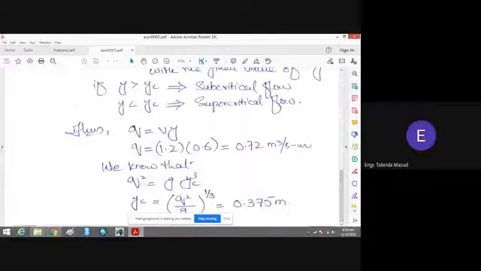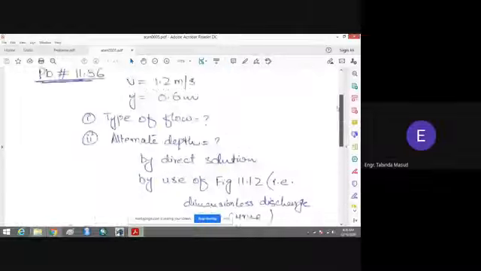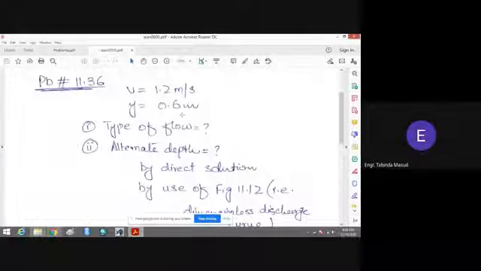Now we have developed this equation in our previous lecture, that square of q is equal to g into cube of yc. So from here you can find the value of yc, that is equal to 0.375, about 0.4. And what was the given value? The given value was 0.6.